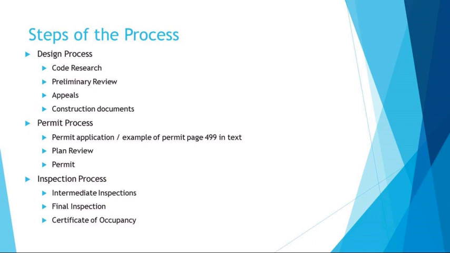A permit is typically required for any design project that requires construction. It's not limited to new construction or additions to an existing building or alterations made to a building, but applies even if you have a change in occupancy.